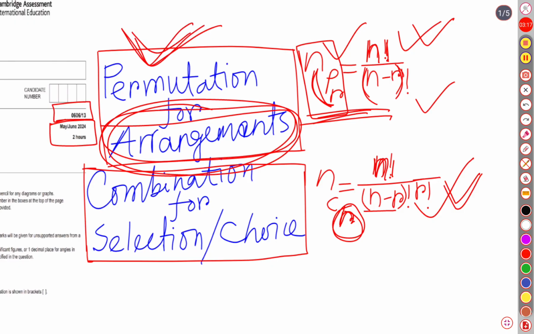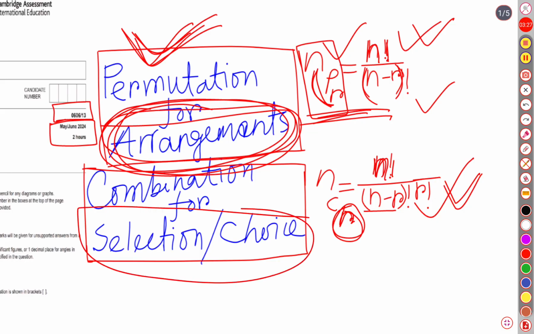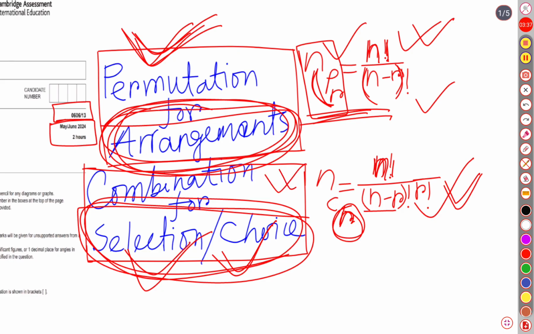And for selection or choice, if it is about something to be chosen or selected, then combination. So from the question we will pick up these words: for arrangements we will apply permutation, and for selection or choice we will apply combination.